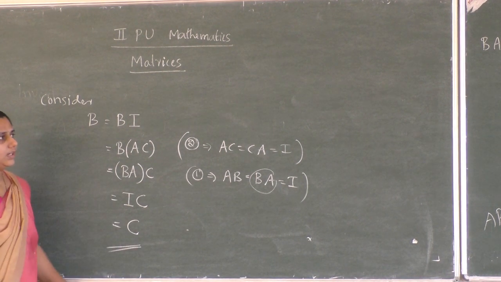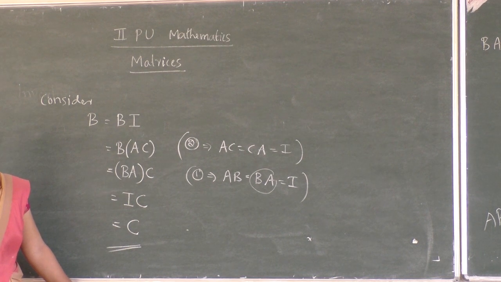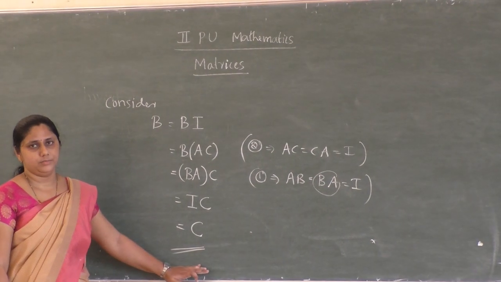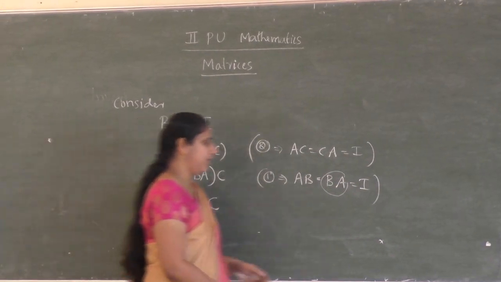This leads to the conclusion that if the inverse of a matrix exists, it is unique. So this is theorem 3.